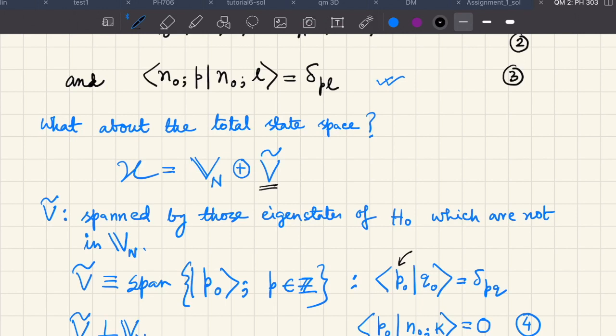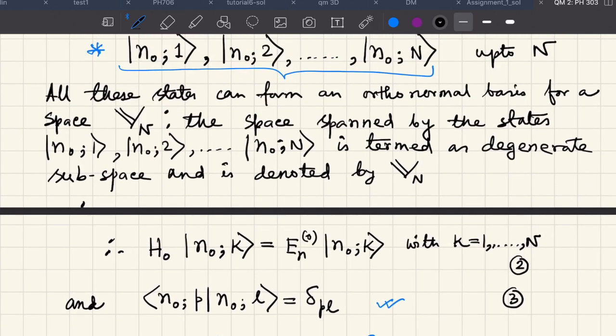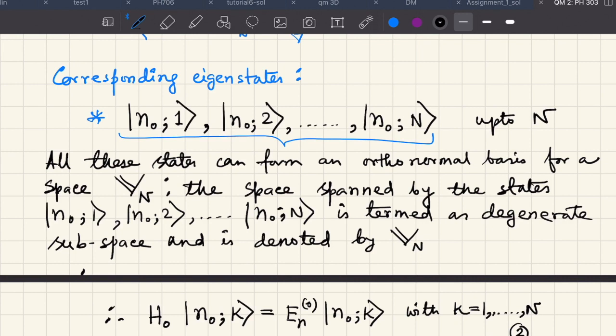We denote the non-degenerate states with just a single label P naught, but we denote the degenerate states with two labels, n naught and 1, or n naught and 2, and n naught and N.